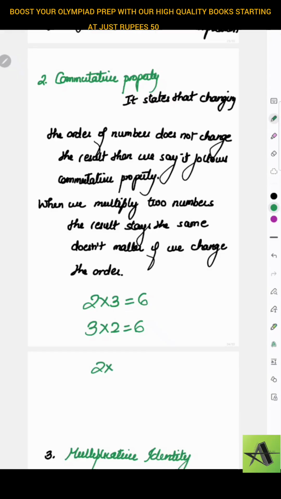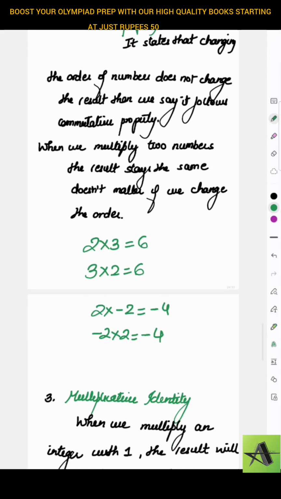Or 2 multiplied by negative 2 will give me negative 4. If I change the order and bring negative 2 first, then negative 2 times 2 will give me negative 4. So whatever my order, the answer is still the same. Hence it's following commutative property.